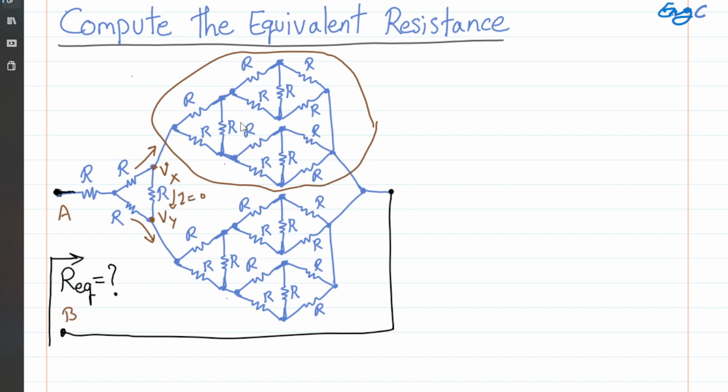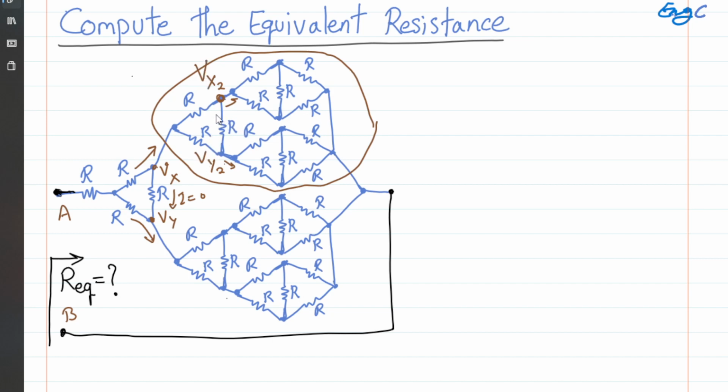The same thing is applicable for this node, let's say x2, and this node, y2. You can argue that because of the inherent symmetry of this structure, whatever current is flowing this way is the same as the current flowing this way, and there is no current flowing through this resistor, so Vx2 should be equal to Vy2.